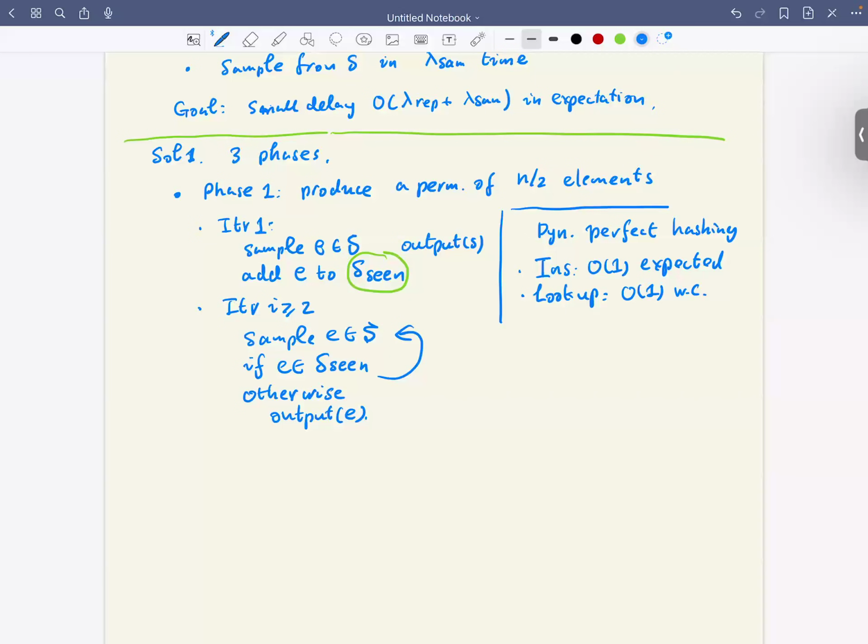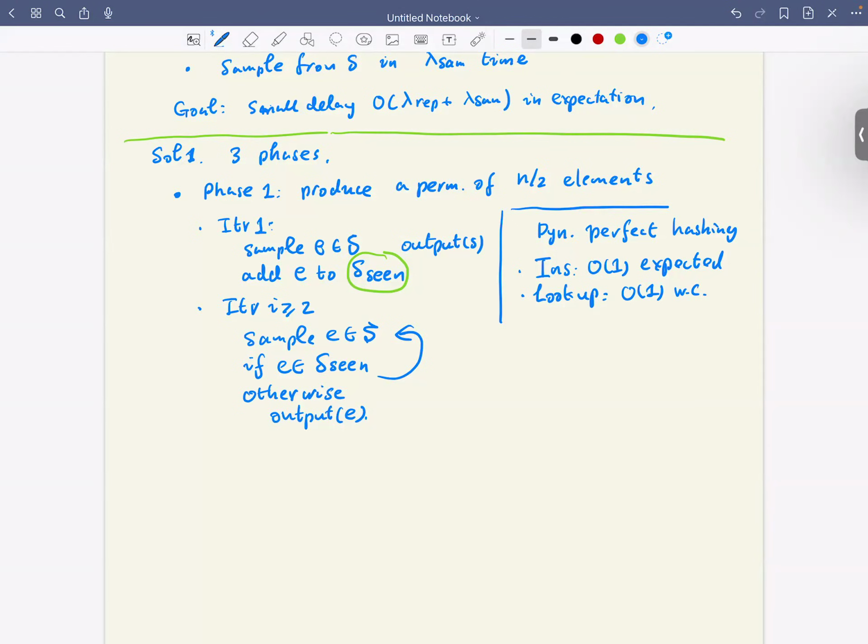It means that even until the end of phase one, what will be the size of S seen? You can claim that during the first phase, you can have seen at most n by 2 elements at any moment. See what I'm saying?